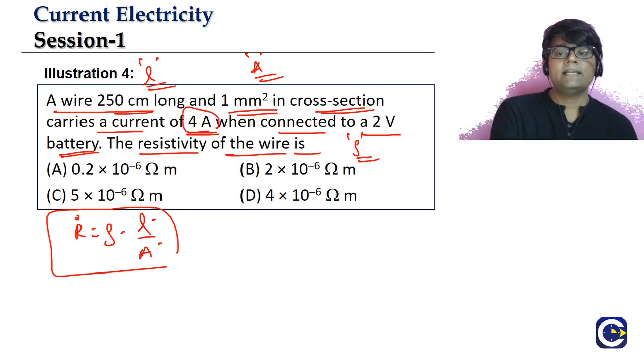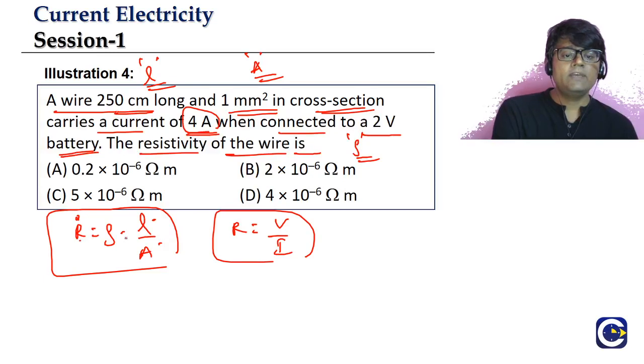They have given us the current and voltage. Then we can find the R value. R will be equal to what, guys? V by I. So from the V by I formula, we will get the R value. Substitute the R value here, we will get the rho. Let's see, guys, who can get the answer for this question. As and when you get the answer, you can just type it over in the chat box.